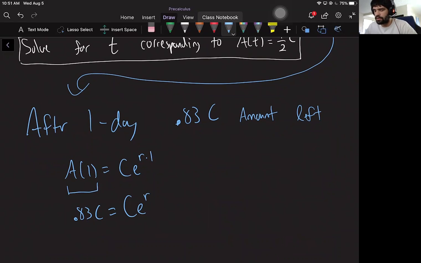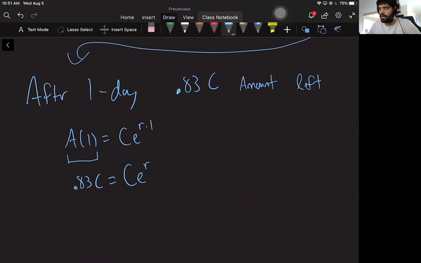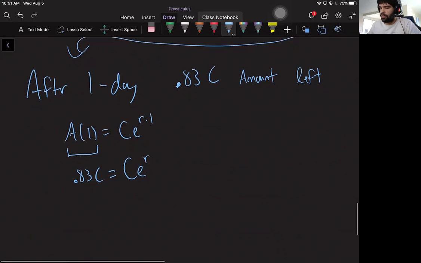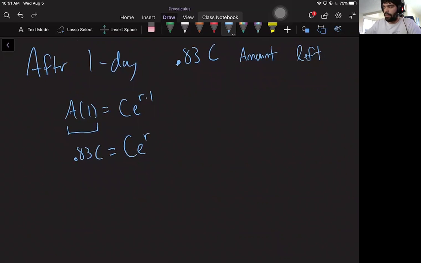And then r times 1 is just r, so I can leave it like that. What this will allow me to do is solve for r, because I can divide out the c's on both sides. And now this is an exponential equation to solve, and we know how to solve these. What do we do to bring the r down? We log both sides.